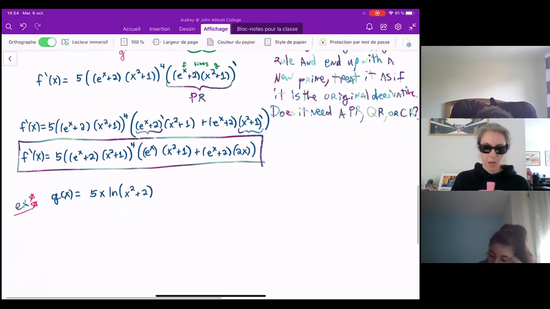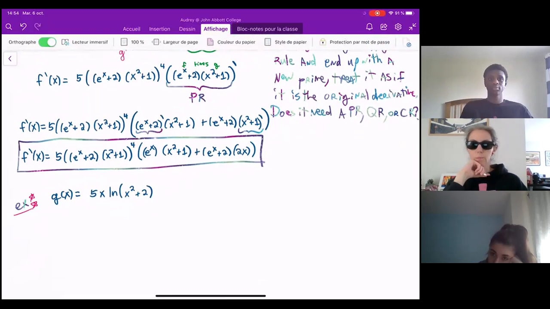Okay, so then let's look at this next question. 5x ln of x squared plus 2. What rule do I need to do this derivative? Do I need a product rule, a quotient rule, or a chain rule? What do you guys think?